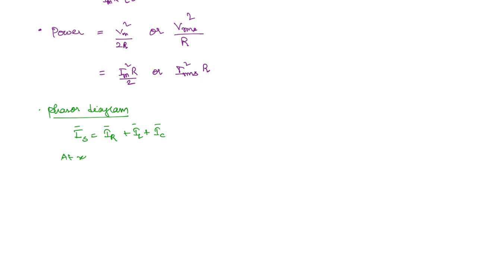At resonance, what is going to happen? IL plus IC is equal to 0. So the magnitudes are equal whereas the phase will be opposite. So that's why you get this condition. So Is will be simply equal to IR bar.